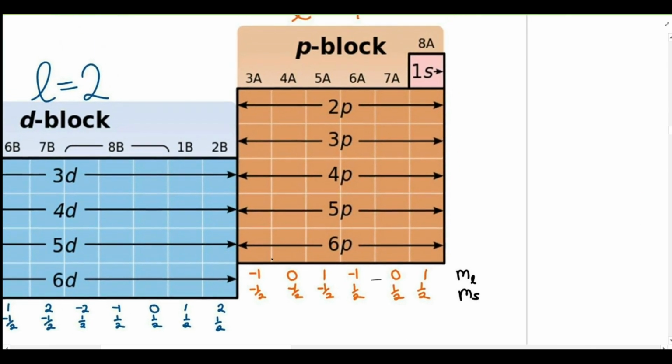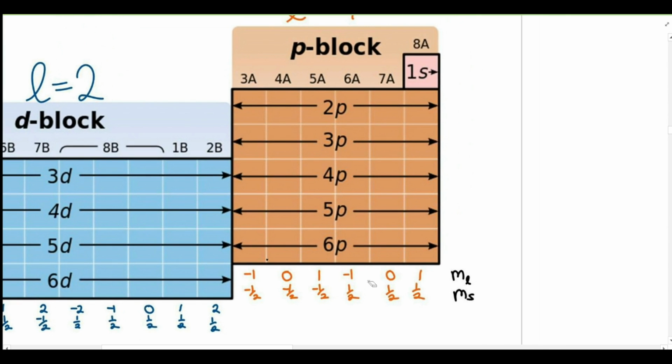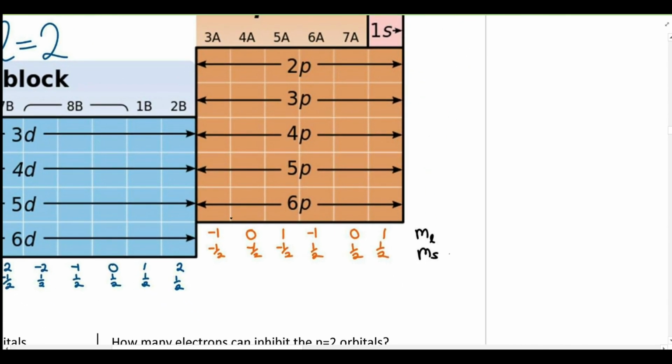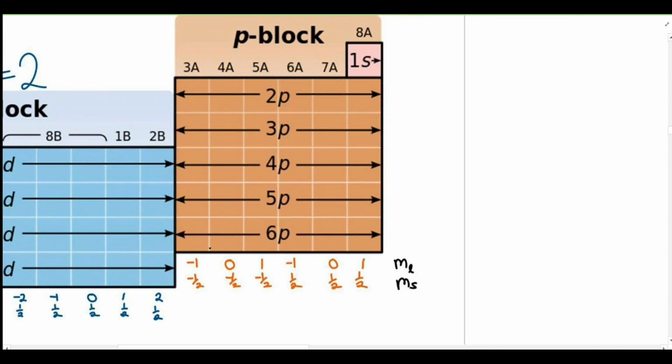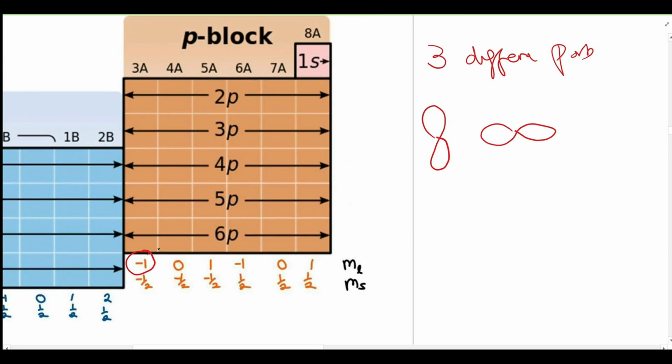The last one that I haven't actually talked about too much is what is the nature of this ms value. So we've already talked about the p orbitals. The p orbital tells us the shape, right? So for, let's say, l equals 1, there are 3 different p orbitals. We have the one that's pointing in the z direction, one that's pointing in the x direction, and one that points in the y direction.